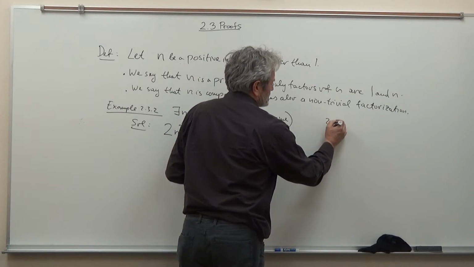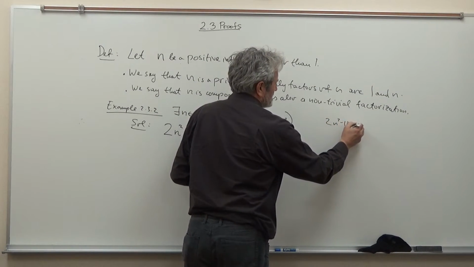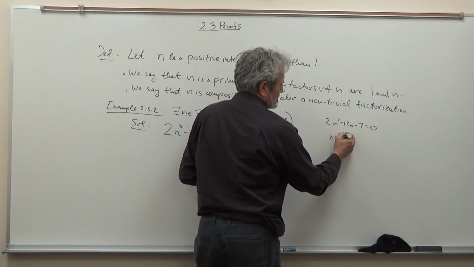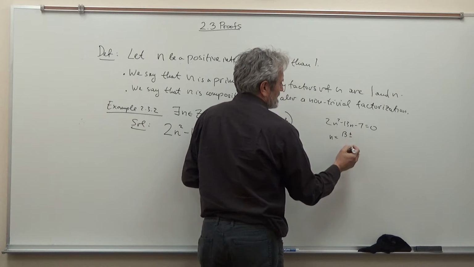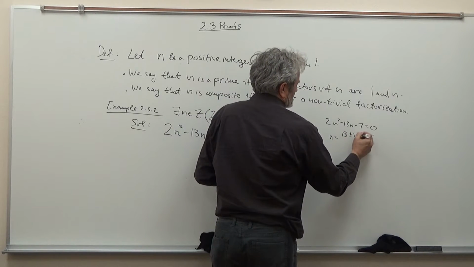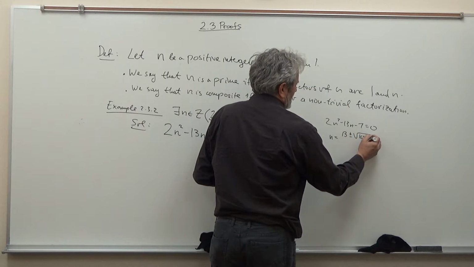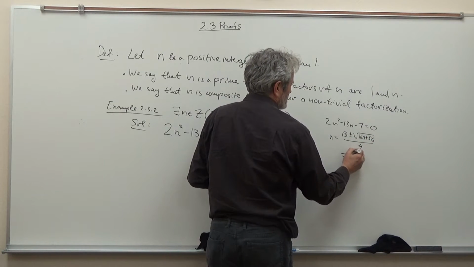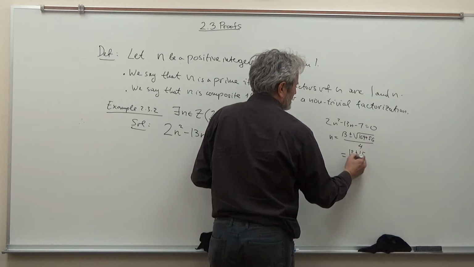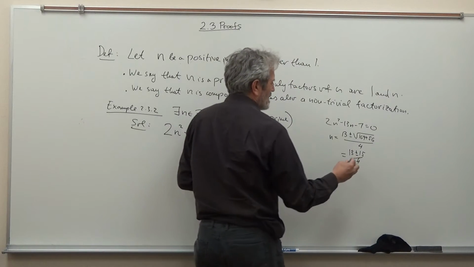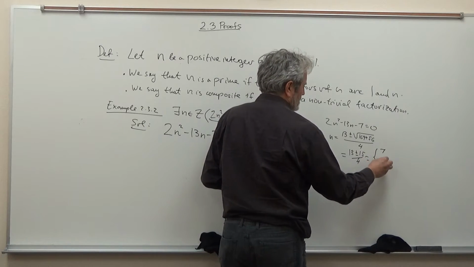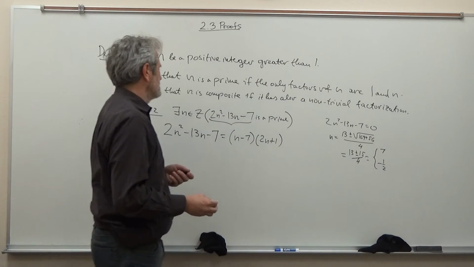So 2n squared minus 13n minus 7 equals 0. If you solve the quadratic equation, you get 13 plus or minus the square root of 169 plus 56, over 4, which would be 13 plus or minus 15 over 4, which would be 28 over 4, which is 7, or negative 1/2.